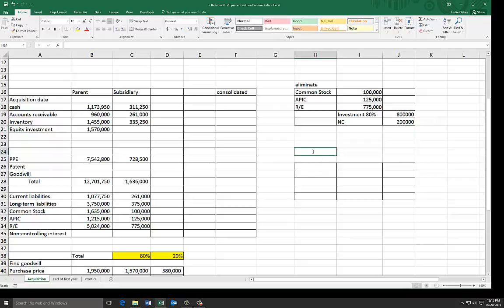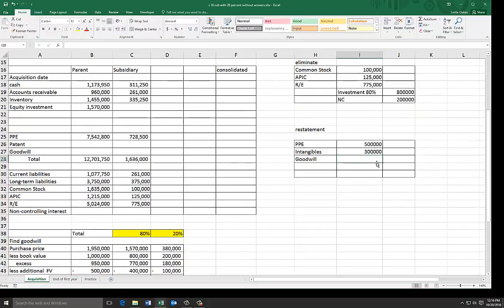Now we have to do the restatement or the reclassification for the two increases, property, plant, and equipment, the intangibles, and that troublesome goodwill. This has to be the full 500,000. This is 300,000. And this is the entire amount that we just calculated, 150.